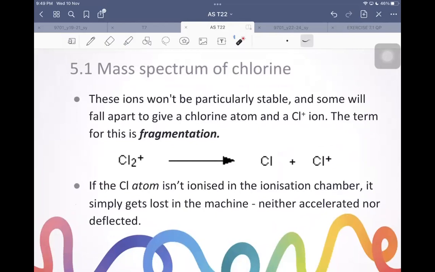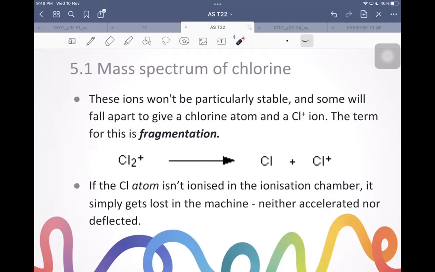When you introduce chlorine Cl2 or bromine Br2 into the mass spectrometer, two things can happen. The first is that the molecule can be bombarded with a high energy electron, and one of the electrons is removed from Cl2, so Cl2 becomes Cl2+. This is your molecular ion. Another possible scenario is when your Cl2 is broken down or fragmented.